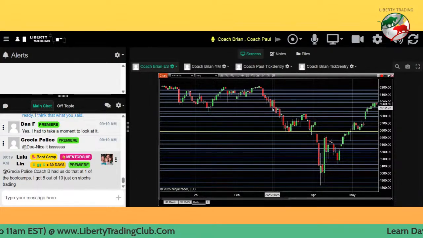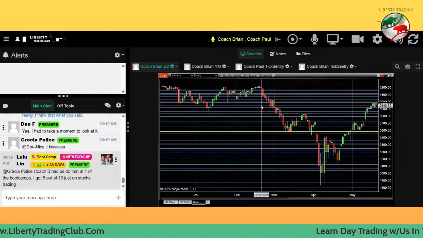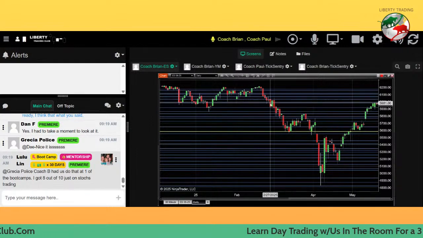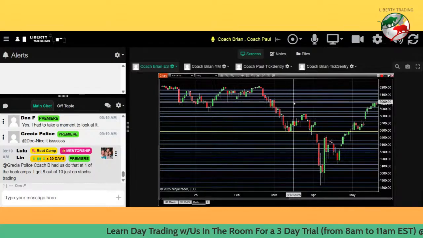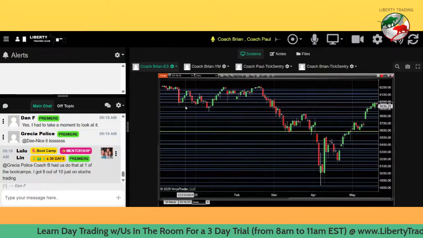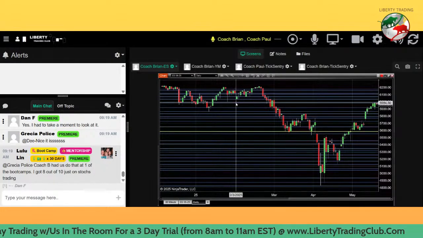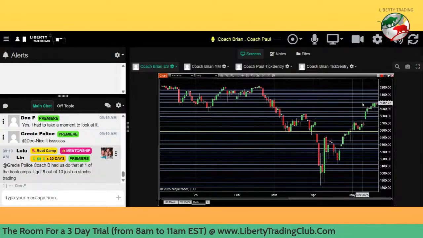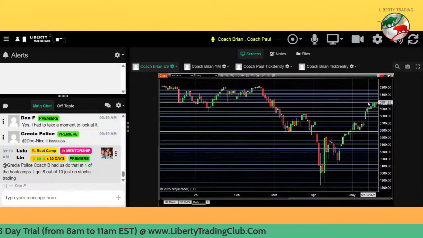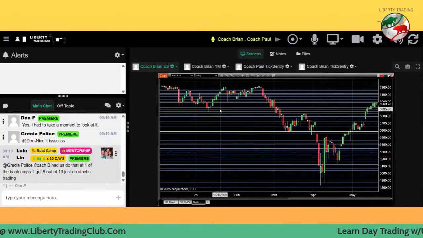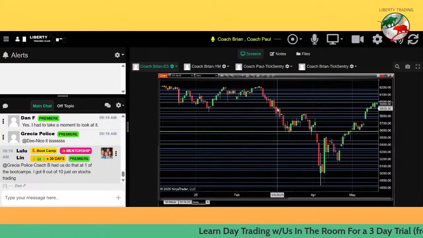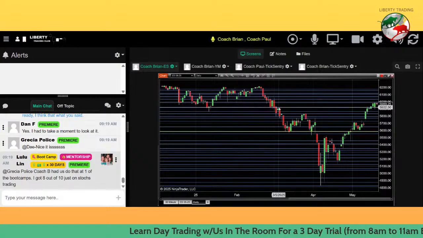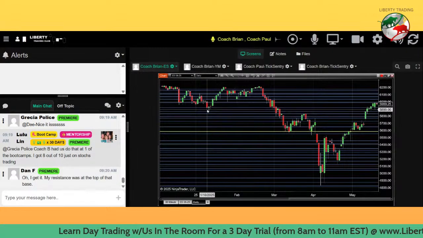That was my major level, and I looked at this more as a basing area, and a breakout above this little area would obviously be really strong long. So technically it is resistance. I just felt this was a stronger resistance right here, due to two different basings at the same time and the prior low.